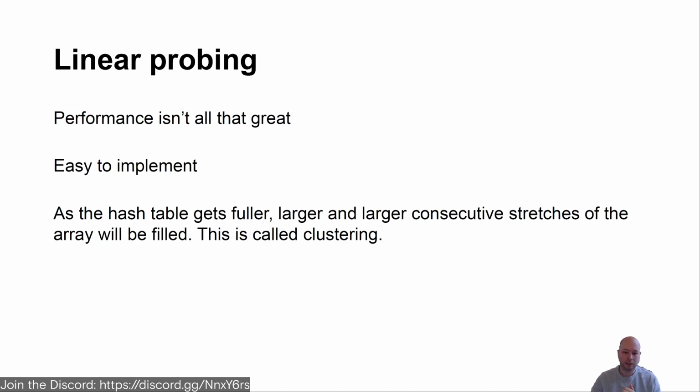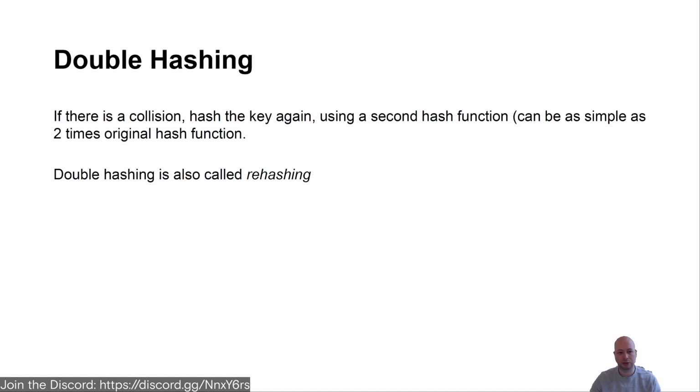But that's actually a good thing for our cache coherency, right? Clustering is actually good behavior for our cache and our memory. We're less likely to try to access data that's not currently in our cache.